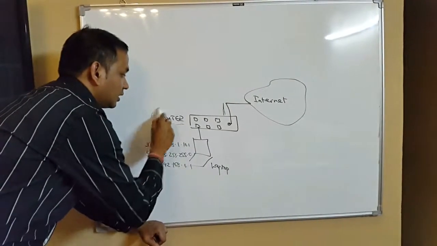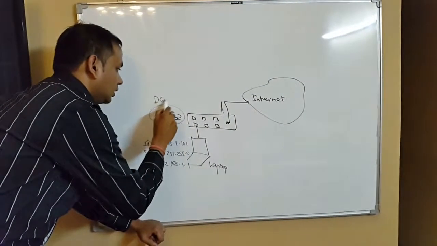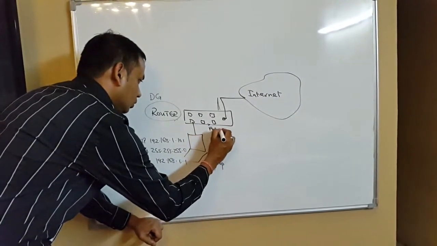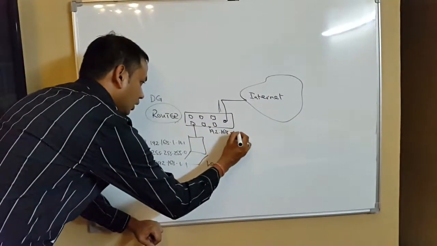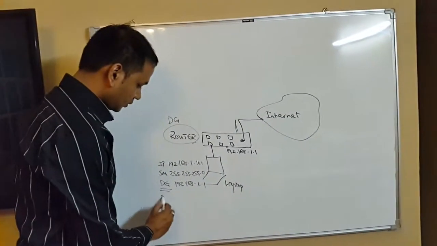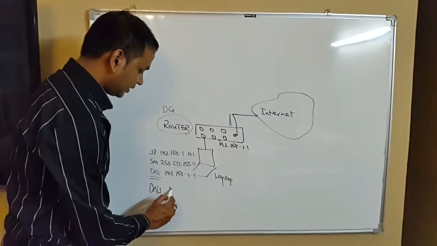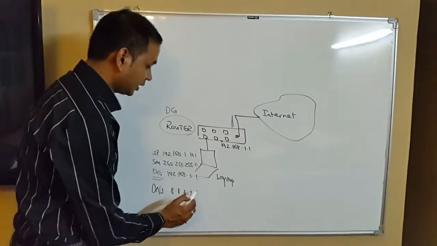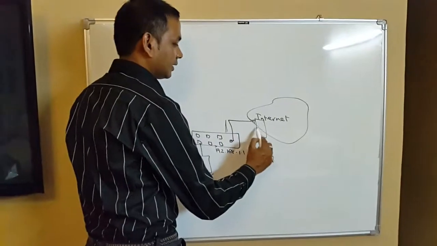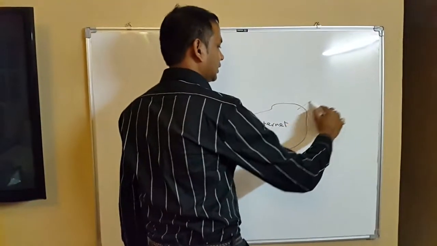What is the default gateway? That's my default gateway, the IP address assigned internally, which is 192.168.1.1. Basically now, I have a DNS server of 8.8.8.8. My router is connected to my ISP.